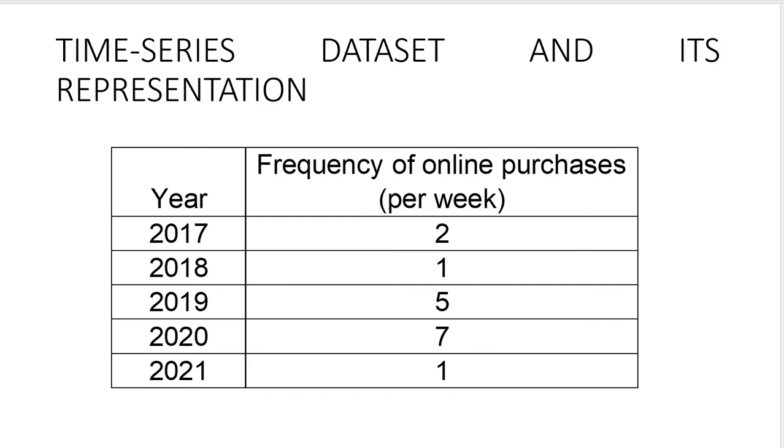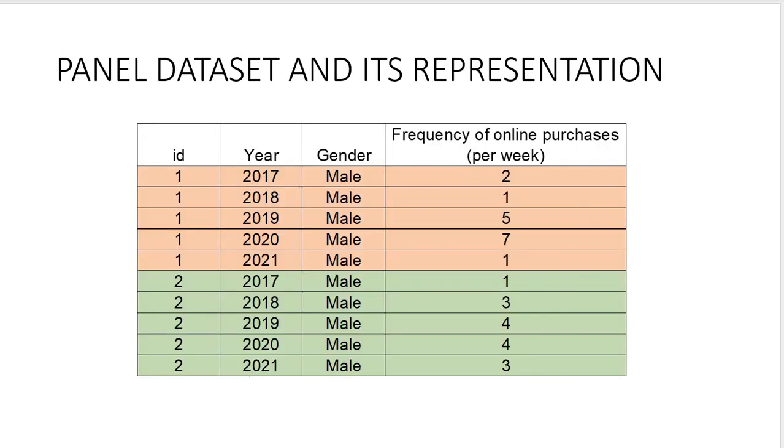Finally, when it comes to panel dataset, here you analyze several consumers for several years. So here we have consumer 1 analyzed for the period 2017-2021 and consumer with ID 2 analyzed for the period between 2017 and 2021.